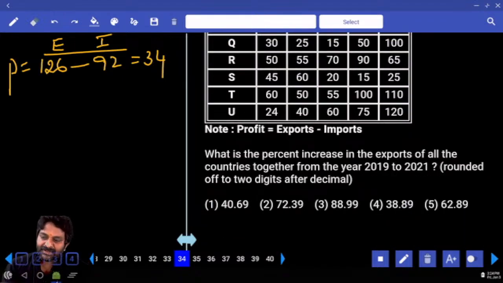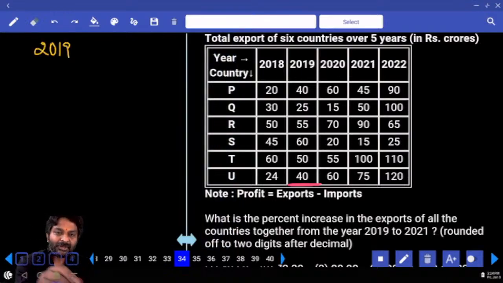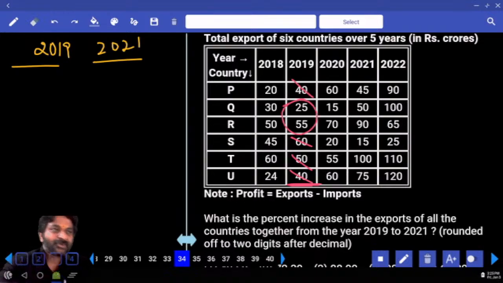What is the percentage increase in exports of all the countries together from the year 2019 to 2021? 2019 to 2021, all together. Yes? Okay. Now 2019, 2021. Let's calculate it for this. 60, 40, 150, 150, 40, 190, and the sum of these two numbers is 80. 190, 80.